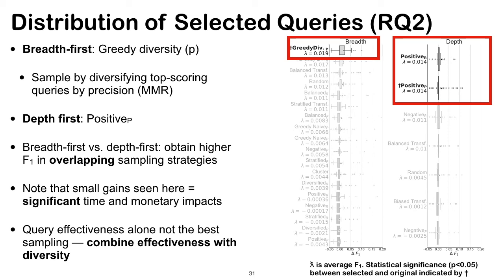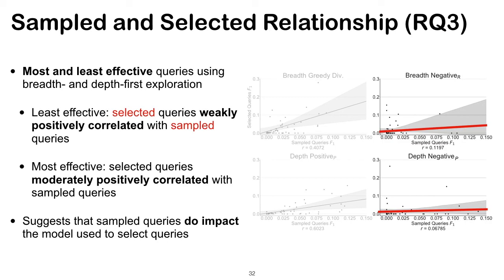Note that very small differences in effectiveness can have a significant impact on the total cost of the review, upwards of hundreds of thousands of dollars. Finally, we investigate one of the relationships between sampled and selected queries. Here, we're looking at the most effective and least effective queries chosen by breadth and depth first exploration.